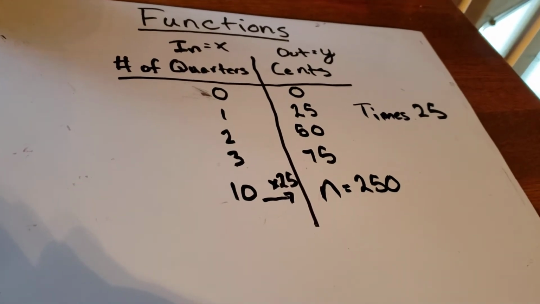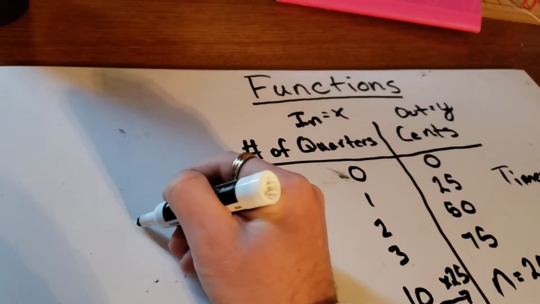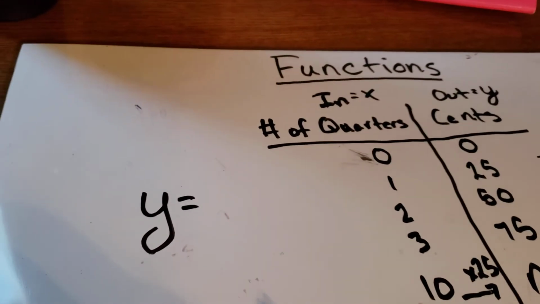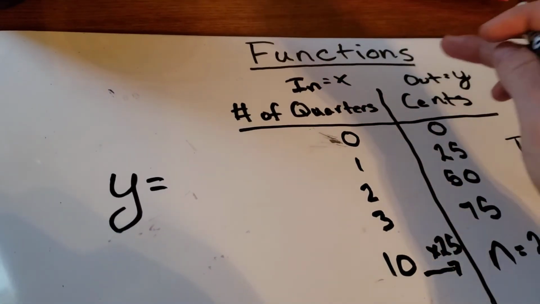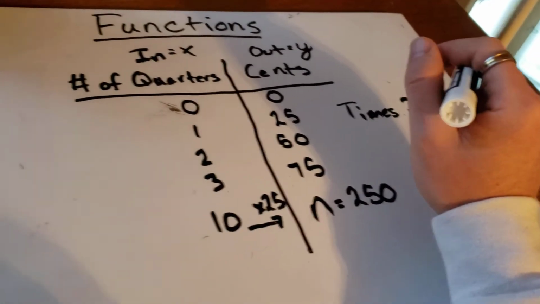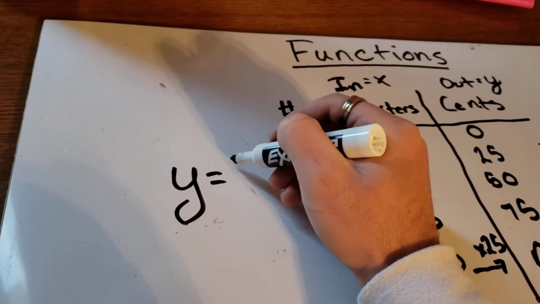Now, when writing a function, we always write it as y equals something done to x. So we're getting our output by doing something to our input. And in this case, our rule was times 25. So we're taking x and we're multiplying it by 25.